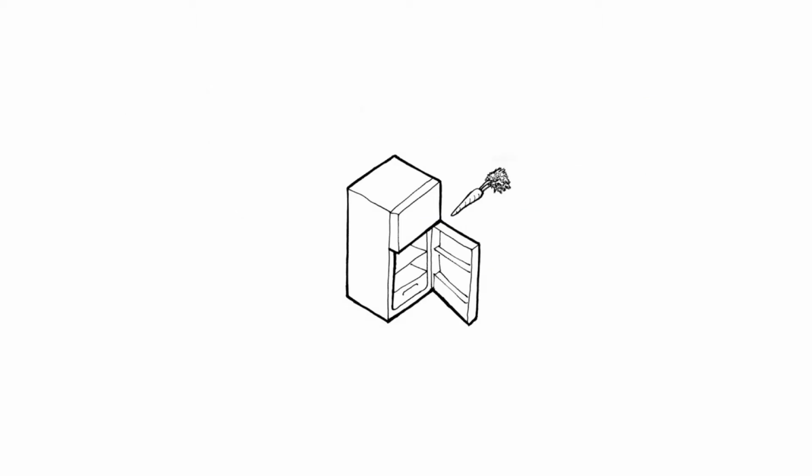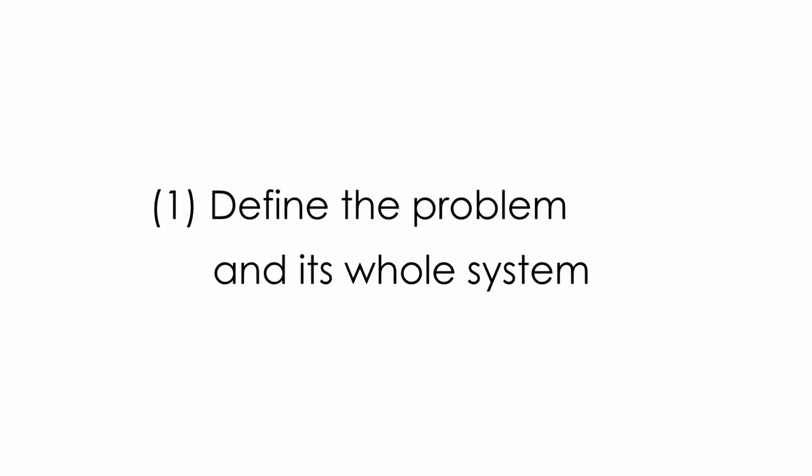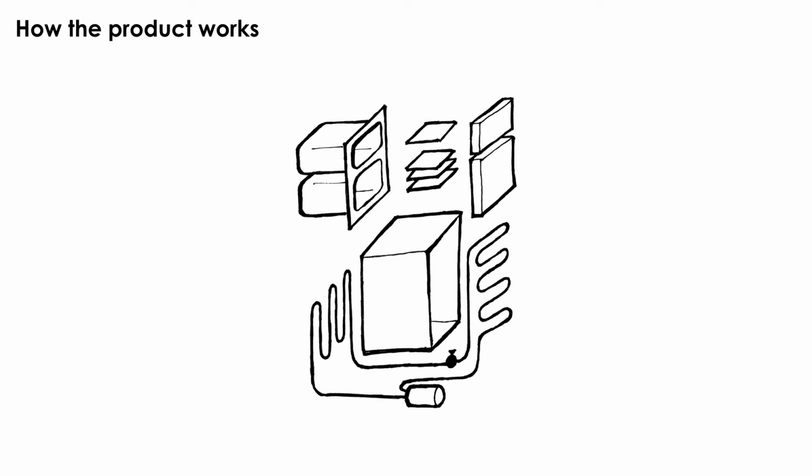So like I said, we're using the refrigerator as the example, and getting into activity number 1, drawing the system map to define the problem and think of the larger system as well. So what is the whole system of a refrigerator? Well, first of all, you need all of the parts of the refrigerator.